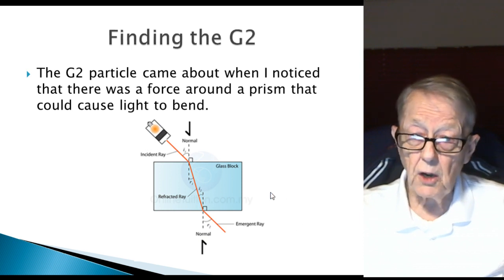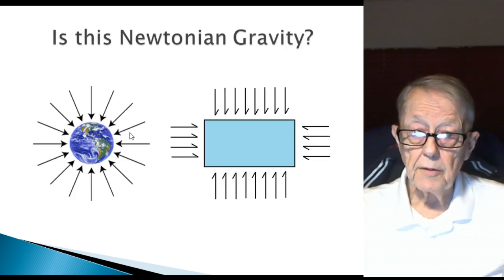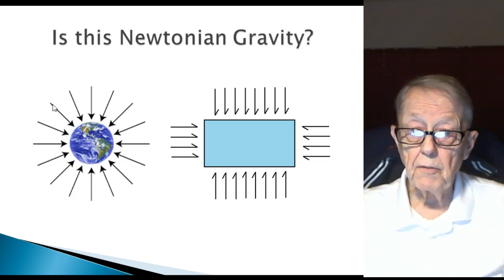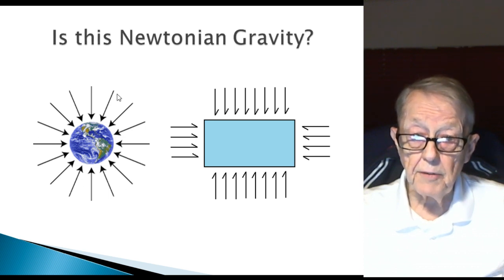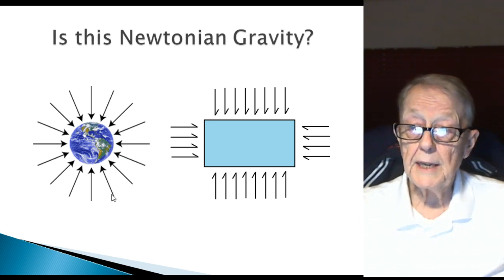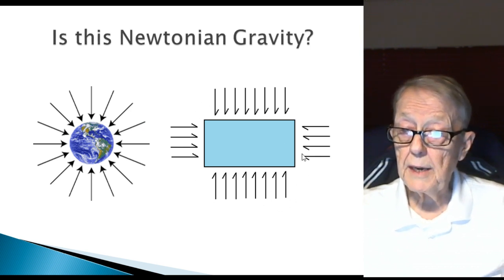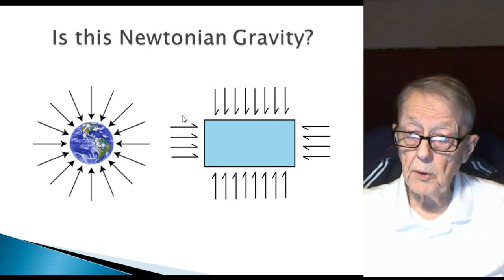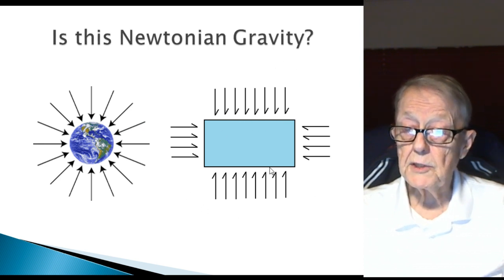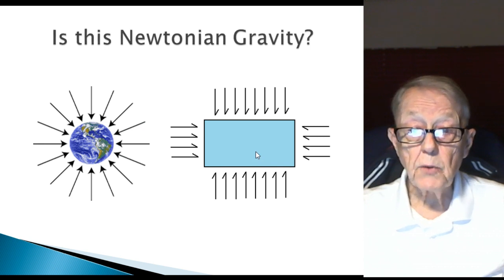I did this all the time. For example, if I were to draw the force of Newtonian gravity around the Earth, I would draw arrows like that. After testing the prism, I realized that all of the forces that could bend the light would be perpendicular to the surface, and I drew this picture.